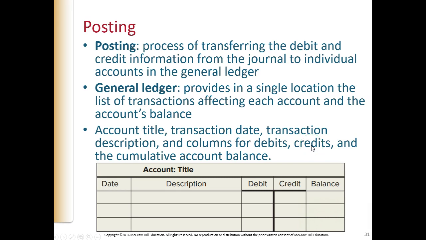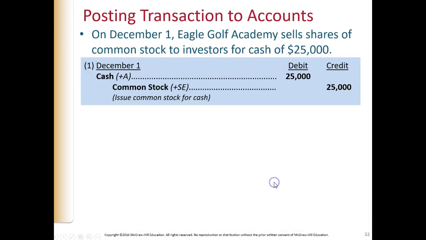And the next point in the accounting cycle is we have to get the journal entry dollar amounts into the actual accounts themselves. That's called posting. And this is sort of like in a T account form here. You can see we have debit, credit. This is the T you can see.